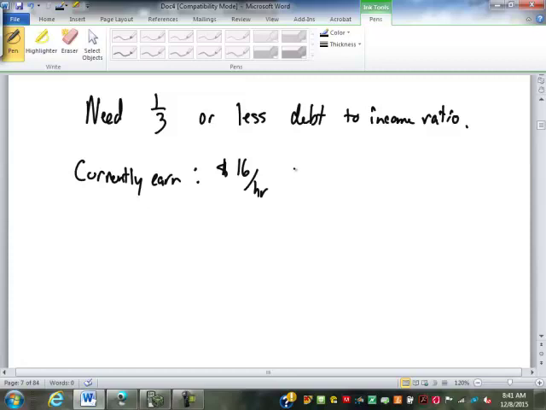And we're going to assume 40 hours a week, and 4 weeks in a month. So what's that going to give us? $2,560 a month? Does that look right? Okay. So $2,560 a month.